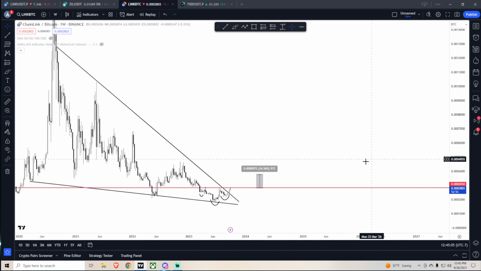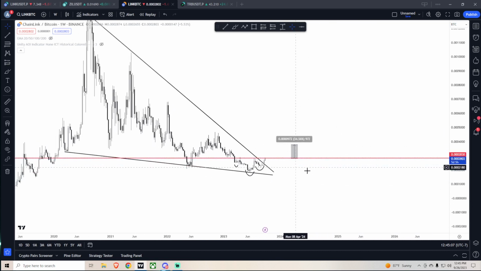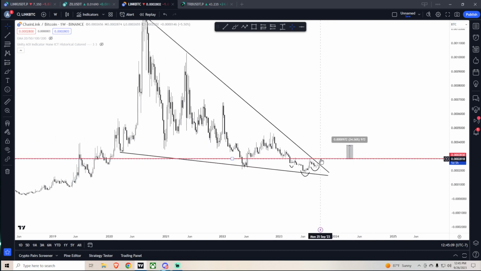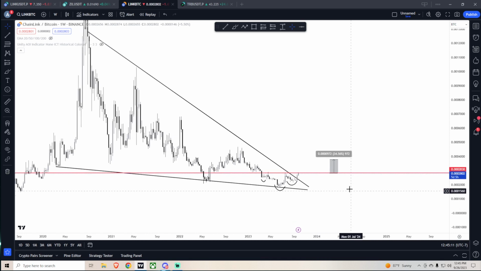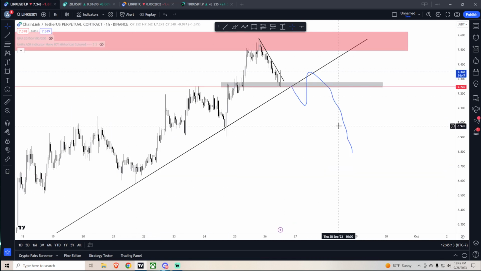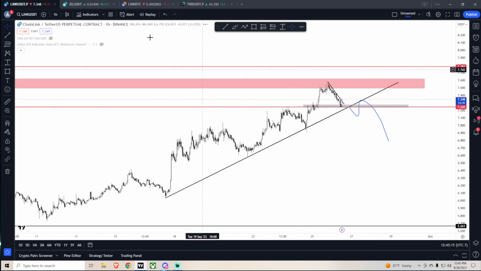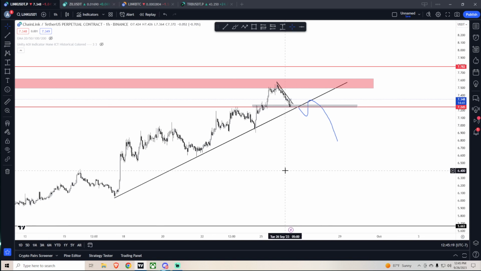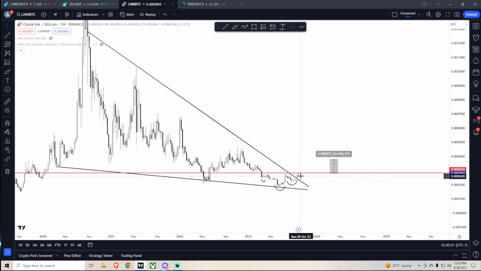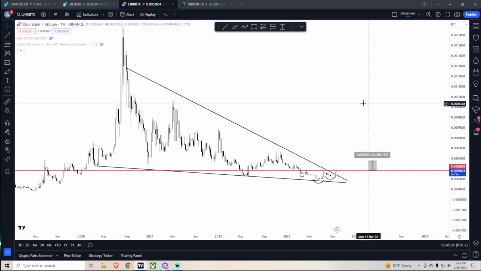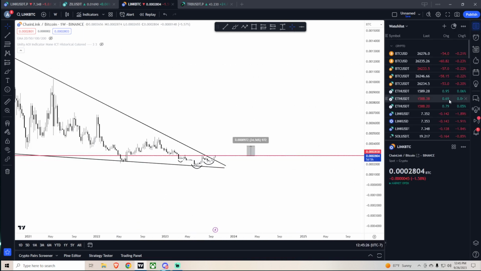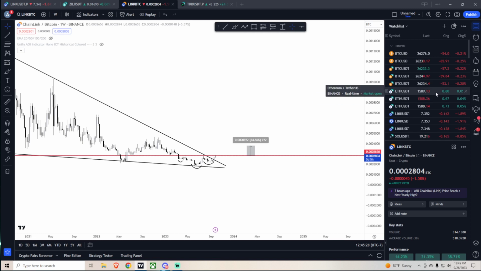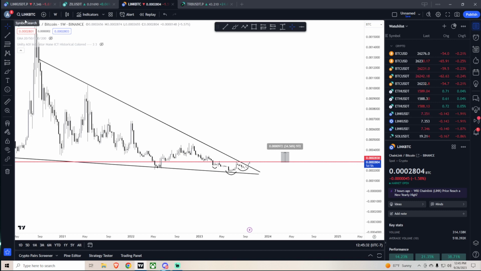So for me, if Link is able to flip this Bitcoin pairing resistance here to support, huge move coming. The USDT pairing looks pretty strong still. When Bitcoin's going down or showing weakness, you want to focus on coins that are outperforming Bitcoin, so their Bitcoin pairing.